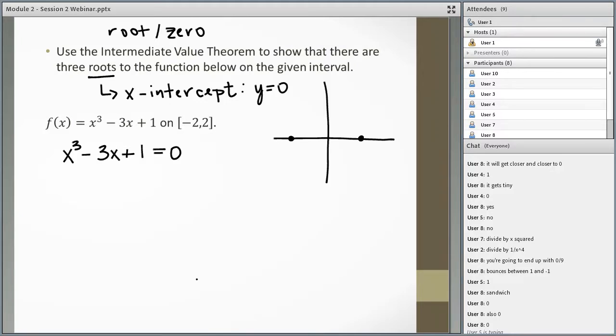But what we can do is plug in the values on the interval. So I can find f of -2. If I plug -2 into the function, I'm going to get a value of -1.